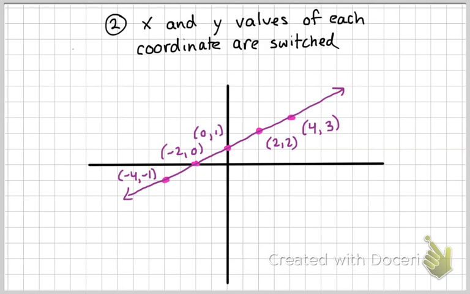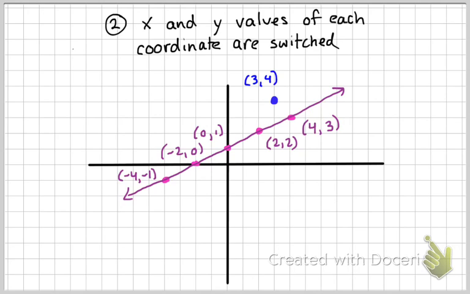Alrighty, let's talk about what I meant when I said that the x and y values are switched. Here is a linear function, and I marked off a few of the coordinates. If I have a coordinate at (4, 3), I will have a coordinate at (3, 4) for the inverse.